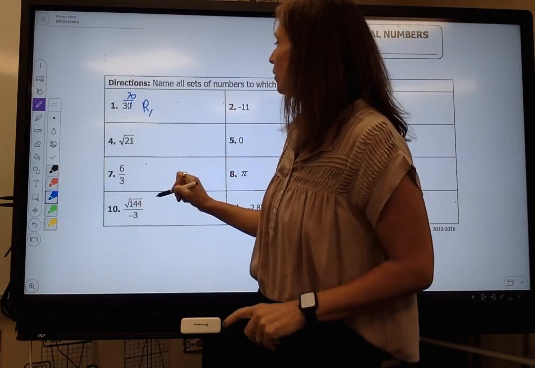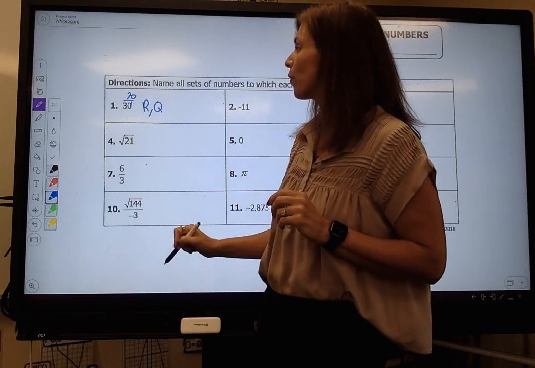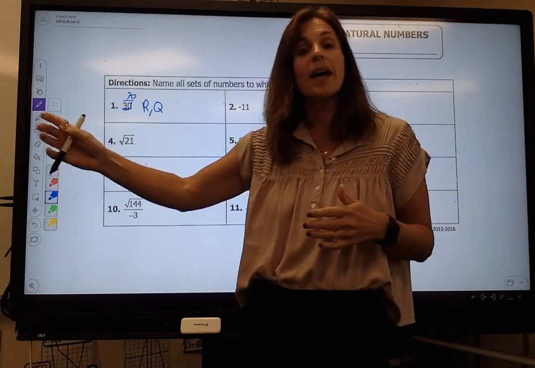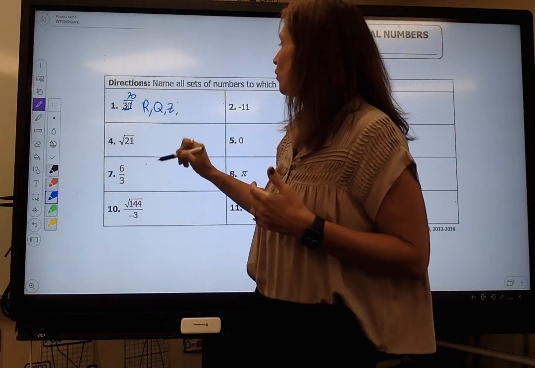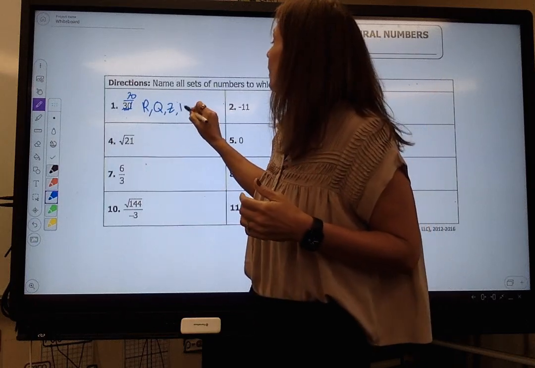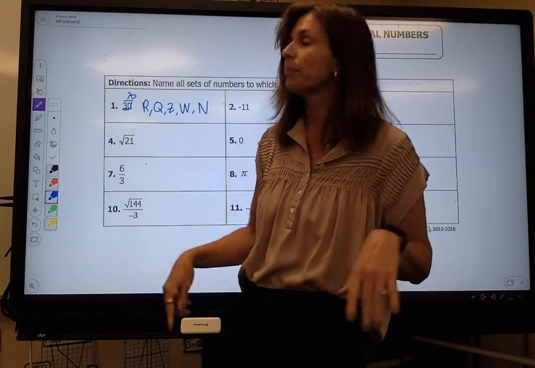We know it's real. We know it's rational because it fits the form a over b. It is an integer because it includes that number line negative to 0. We know it's a whole number, and we know it's a natural number. So 30 is all of them, okay?